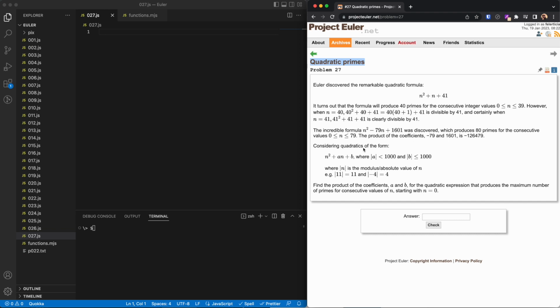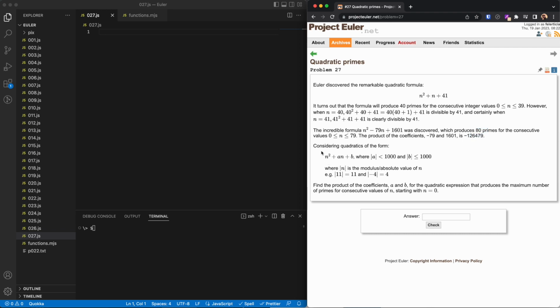Right. Then there is another one, so it's n squared minus 79n plus 1601. This is prime. That will provide 80 primes from 0 to 79, and the coefficient, like minus 79 times this number, is this number.